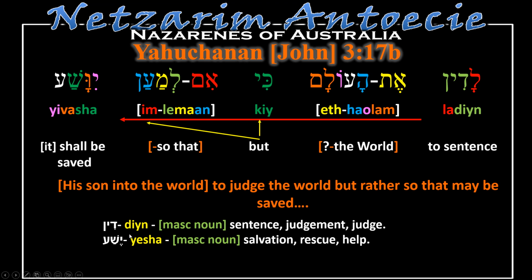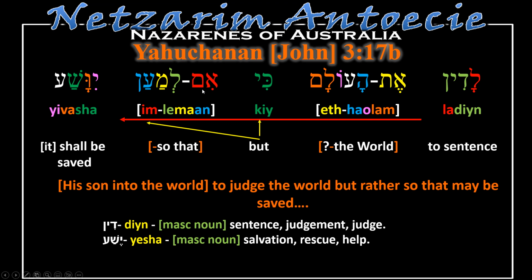Now, of course, we can use different words there. Comes from din. As a masculine noun, it means sentence, judgment, or judge. So most translations use the word to judge, right? But literally, it also means to sentence. Et grammar marker ha'olam, meaning the world, to sentence the world.